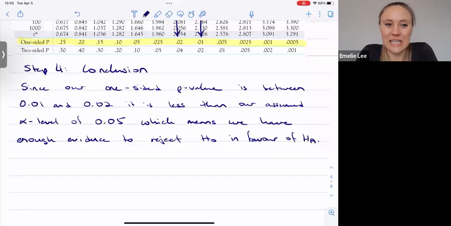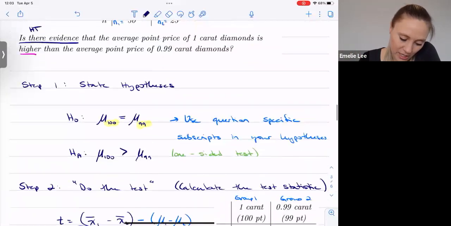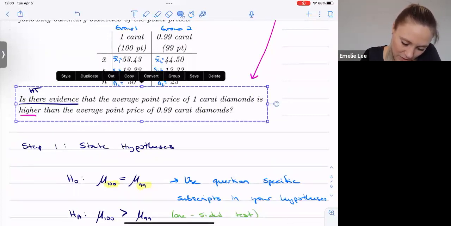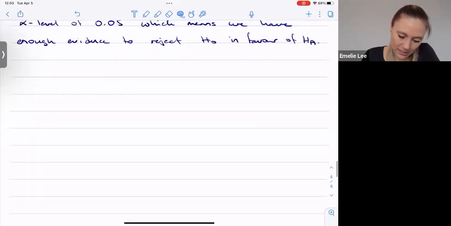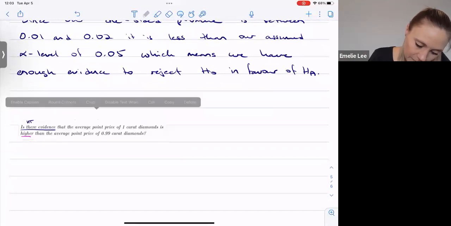And then finally, what's our conclusion in terms of the question? That's when I go back to the actual question and reword the question as an answer. So I'm going to copy this. I'm going to delete it after because it's a little messy, but I'm going to steal the wording, right?